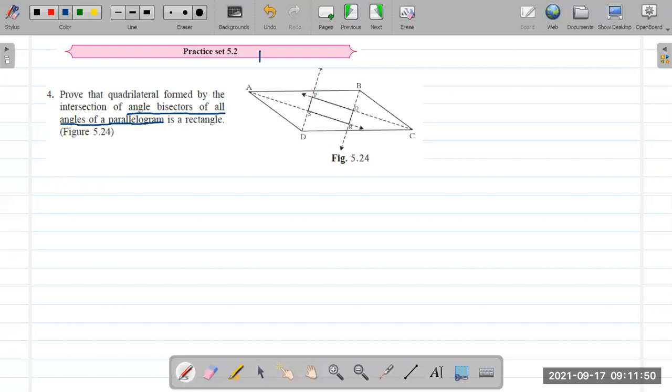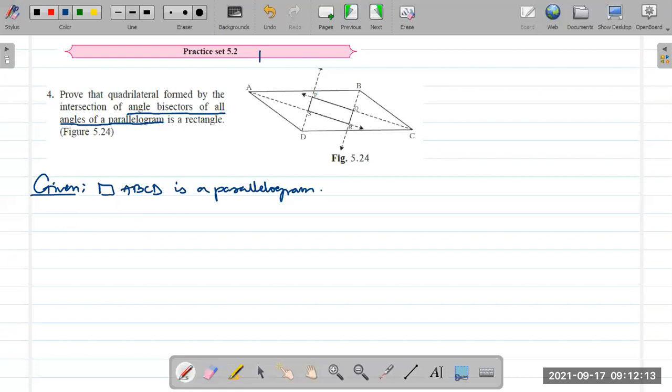So what are we given? We are given that the quadrilateral ABCD, the outer one, is a parallelogram. What else are we given? We are given that these dotted lines are angle bisectors.